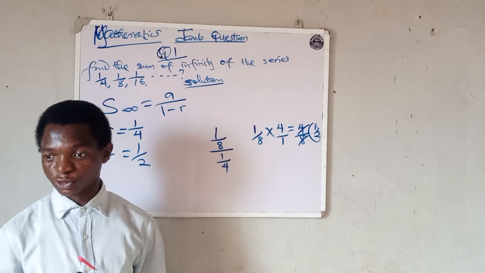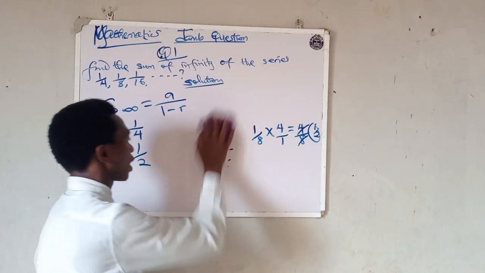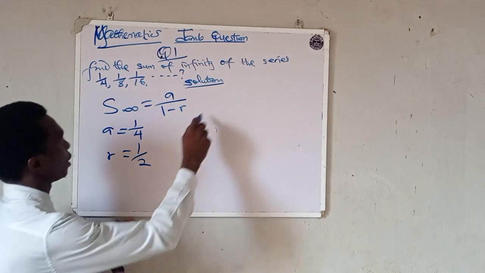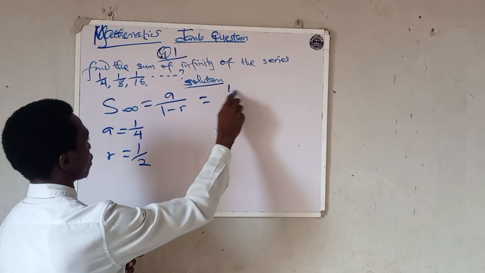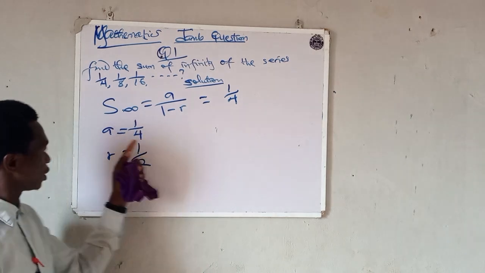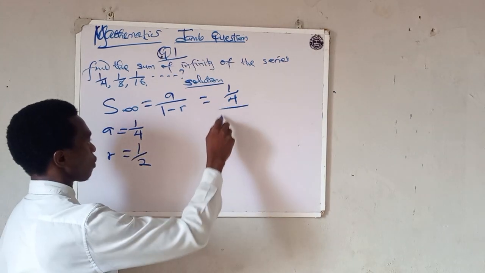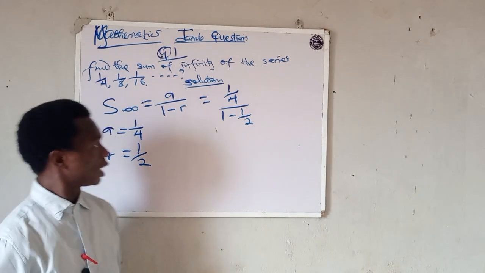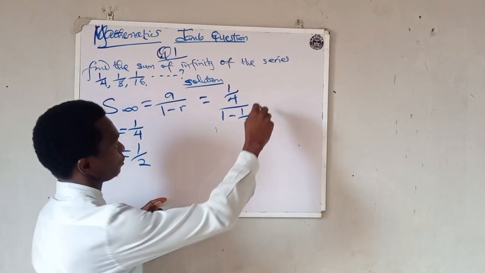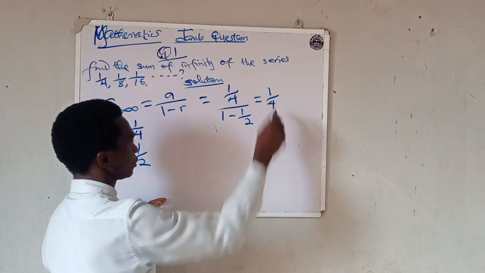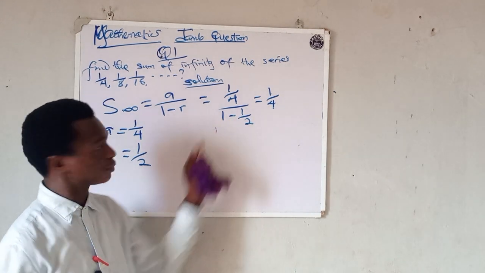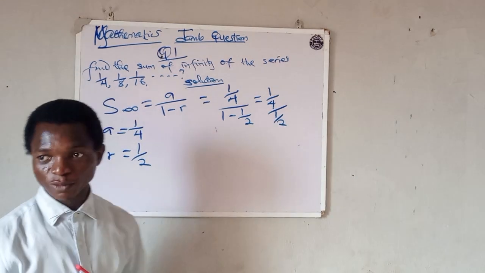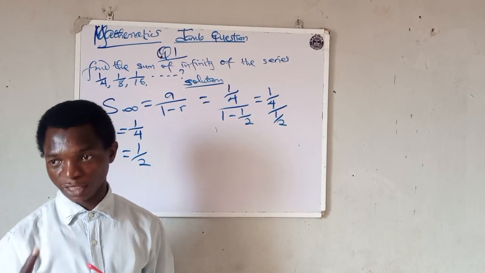The next thing is to substitute the values into the formula, which gives you 1/4, remember your A is 1/4, over 1 minus 1/2. Take half from 1, which is the same thing as 1/2, because when you take half from 1, you have half left.